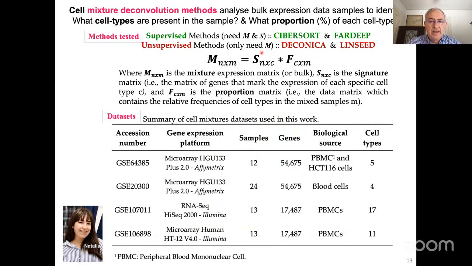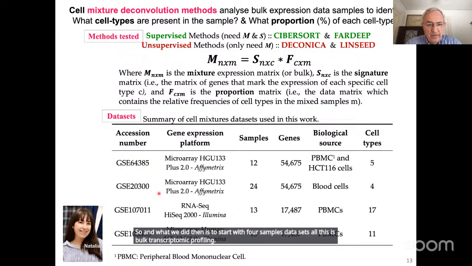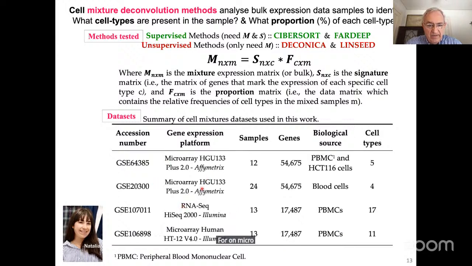What we did then is to start with 4 sample data sets from RNA-seq. All this is bulk transcriptomic profiling, from microarrays of Affymetrix, or RNA-seq, or microarrays from Illumina, from different samples.